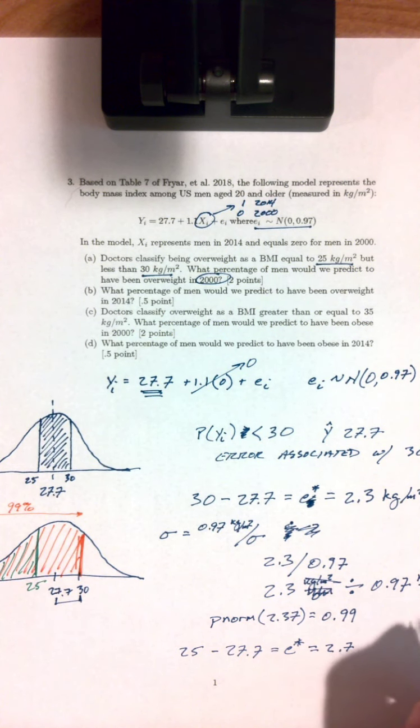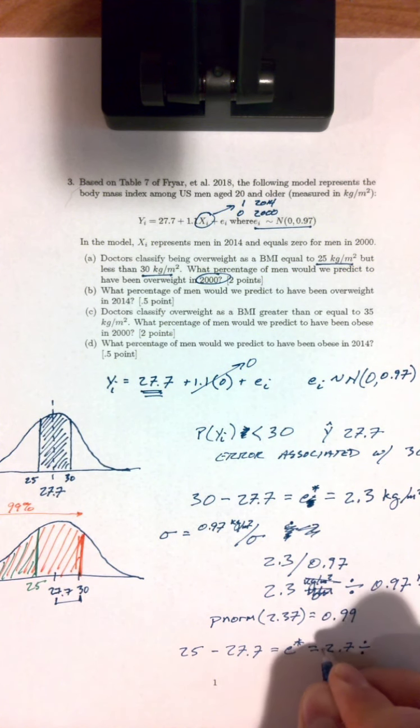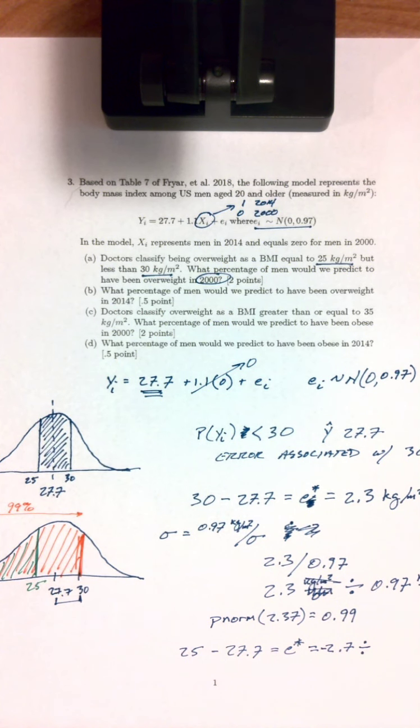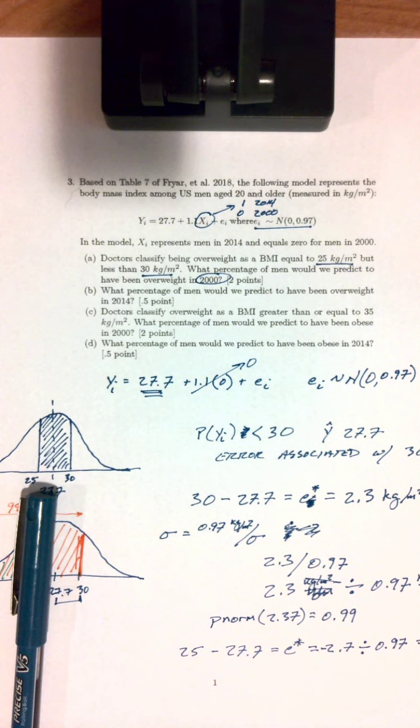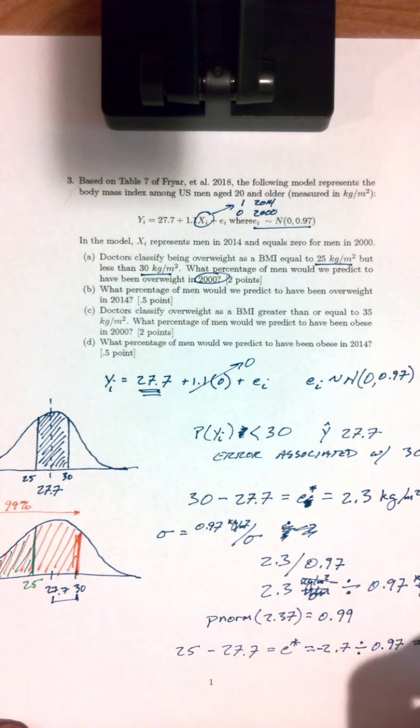And that equals negative 2.7, excuse me, negative 2.7. So when we divide negative 2.7 by our standard deviation of 0.97, we get negative 2.78.